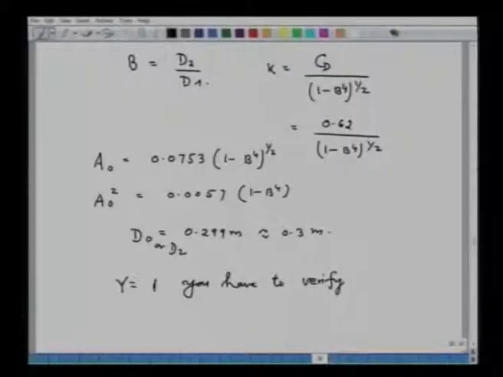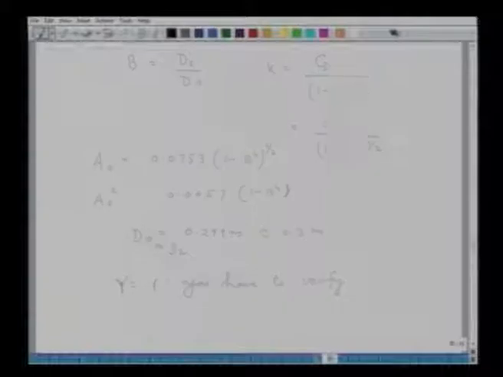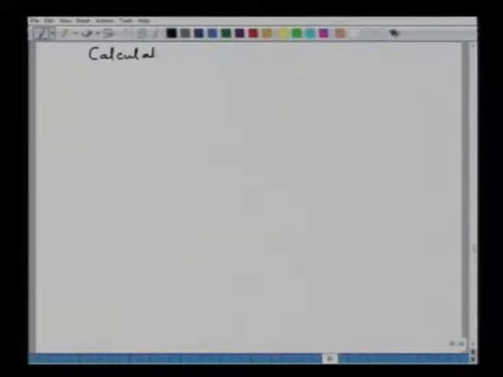Now, I give you a further problem to calculate. For the same flow condition, calculate the orifice diameter for the following conditions.